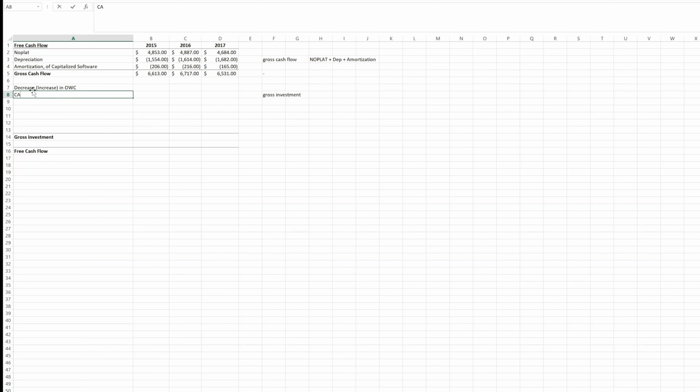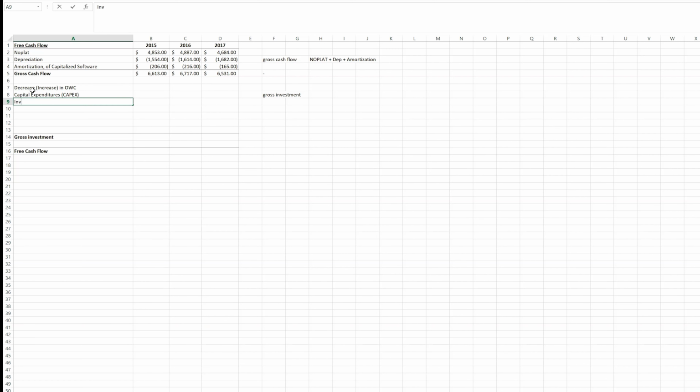We want what's called capital expenditures, sometimes referred to as CapEx. This is the change in net PP&E plus depreciation. We want any investment in capitalized operating leases, so any change in capitalized operating leases.